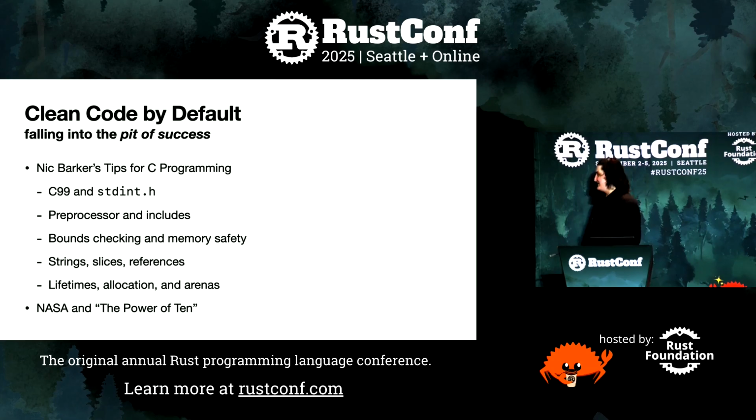We get to namespace things appropriately in Rust and include things appropriately. And we don't have the same crazy preprocessor macro situation as in C. A lot of the recommendations are to keep things to a simple macro, which is basically what Rust gives you. And then things like bounds checking and memory safety.